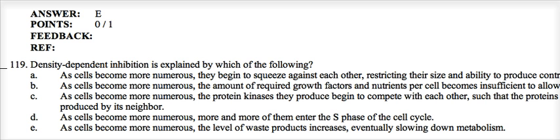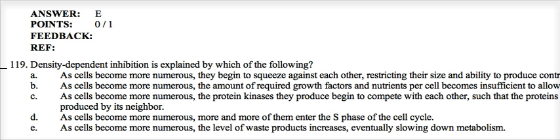Density-dependent inhibition is explained by which of the following? I'll read these to you since they're kind of cut off. A. As cells become more numerous, they begin to squeeze against each other, restricting their size and ability to produce control factors. B. As cells become more numerous, the amount of required growth factors and nutrients per cell becomes insufficient to allow for cell growth.